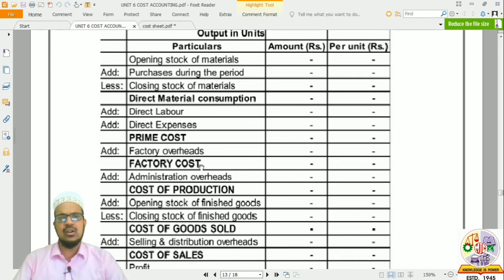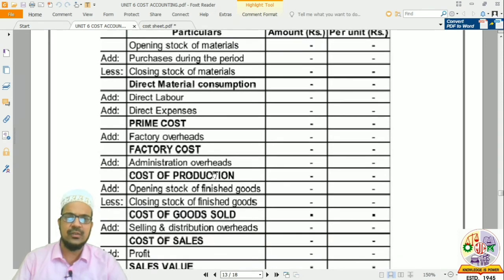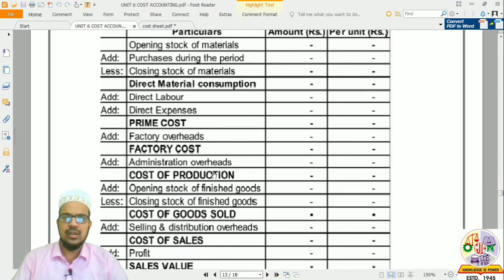To this factory cost, you will then add the expenses relating to the administration. Any big company or a factory will have their own administrative department. The administrative department will consist of a manager, an accountant, a clerk. These people will be responsible for day-to-day functioning and management of the factory.